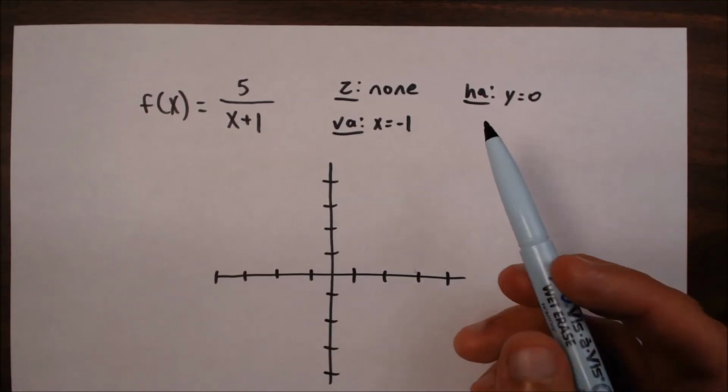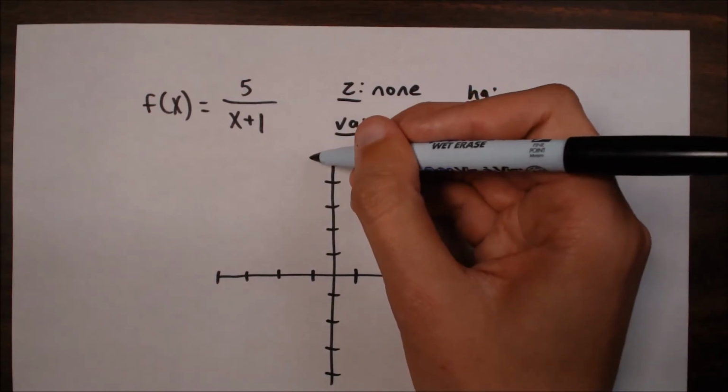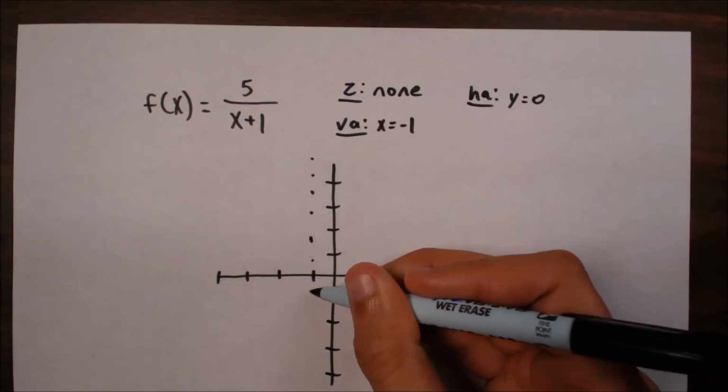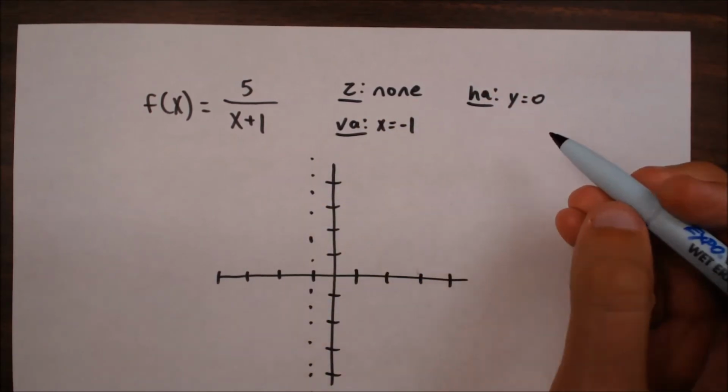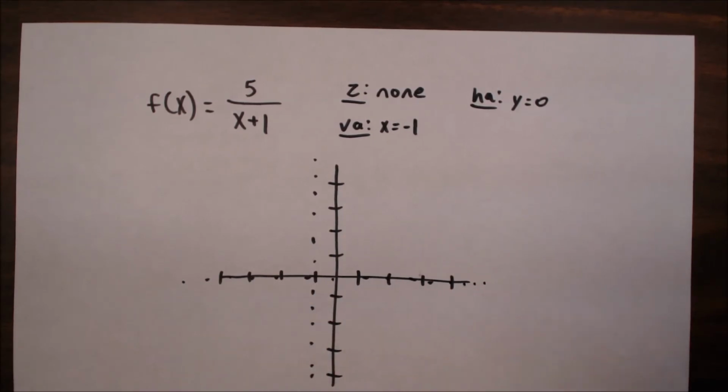Okay, so let's just plot what we have. Now, I don't have an x-intercept this time. I have a vertical asymptote at -1, and a horizontal asymptote at the x-axis. So it's on the x-axis here.